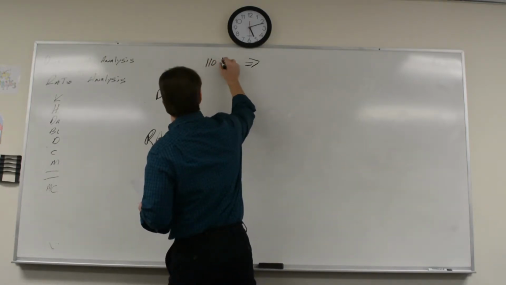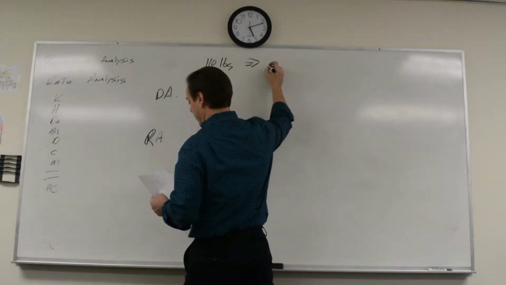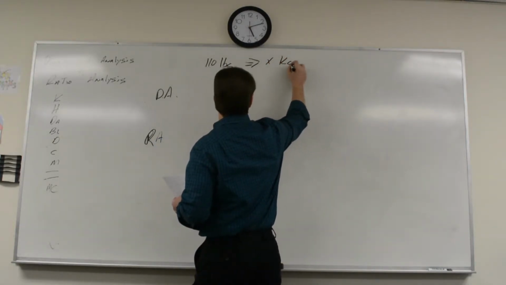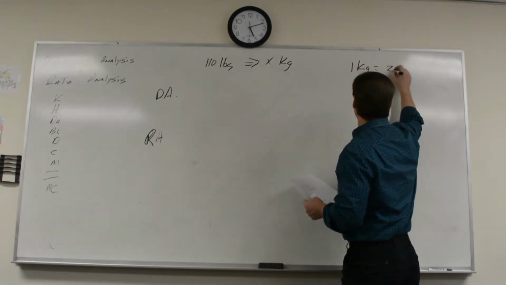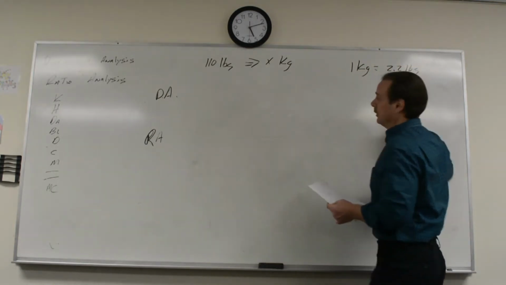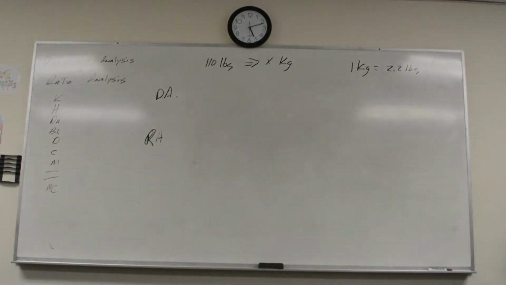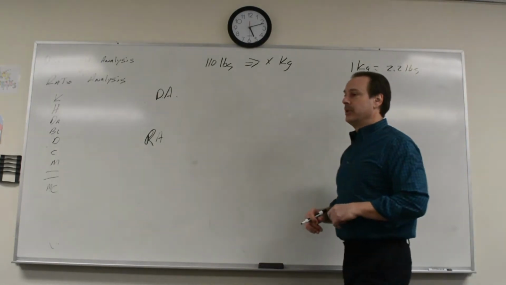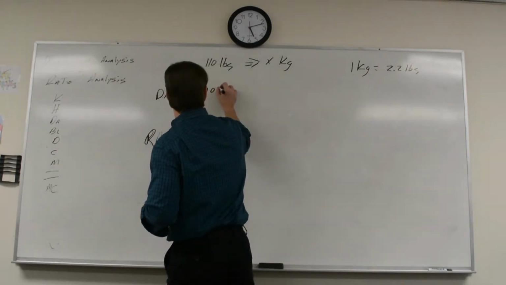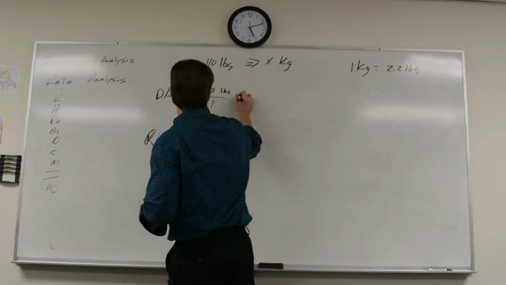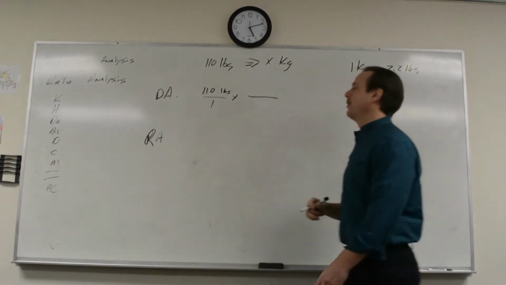We got 110 pounds. I want to convert that to kilograms. Our conversion is 1 kg equals 2.2 pounds. Let's start out with dimensional analysis on this. Start out with our 110 pounds, put that over 1 times some other ratio.